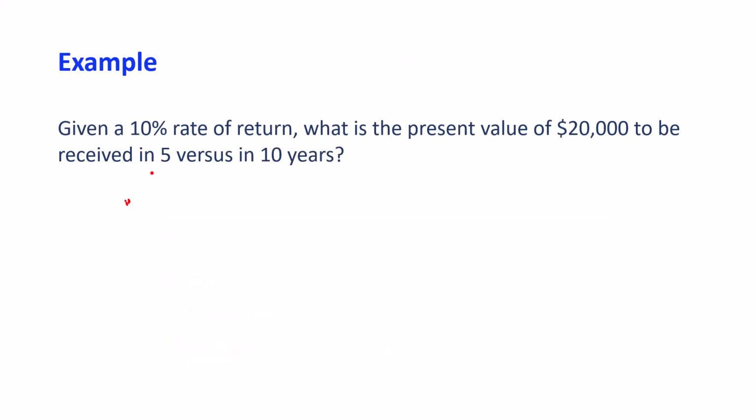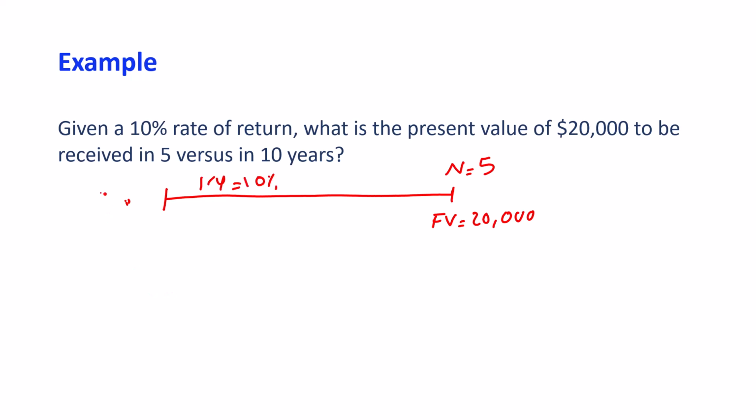Let's look at the first example. Given a 10% rate of return, what is the present value of $20,000 to be received in 5 years versus 10 years? I really like to graphically represent the problem in a timeline. For the first one, N would be 5 years, future value would be 20,000, and I/Y, your discount rate, would be 10%.